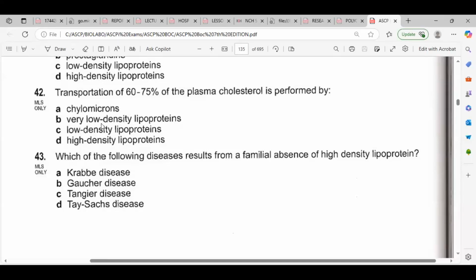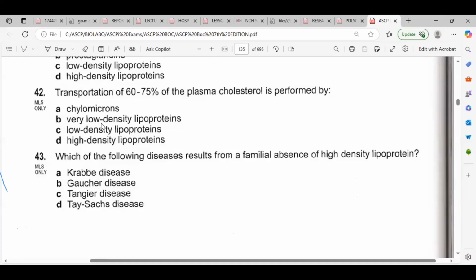Do you remember what is called endogenous lipids? The lipids that are produced by the liver itself, that's what you call endogenous lipids. They are packed into very low density lipoprotein and transported to the peripheral tissues.